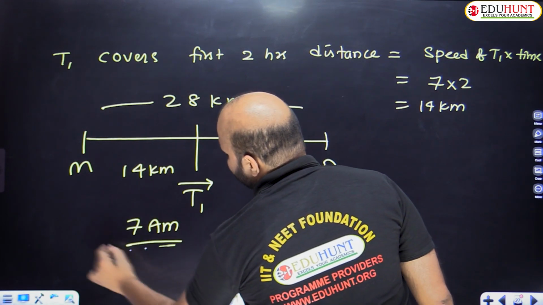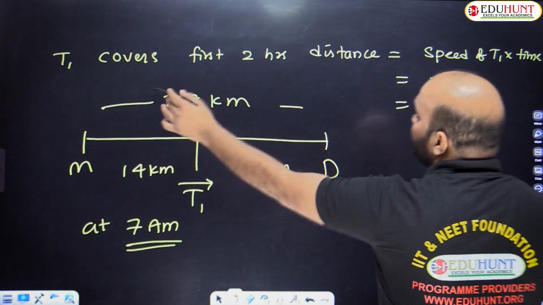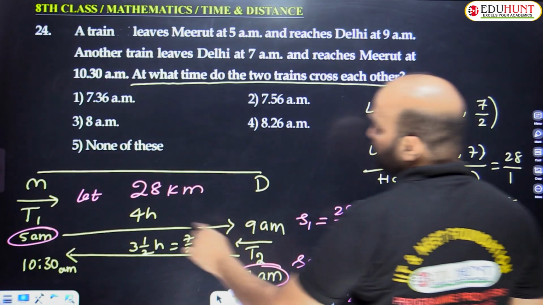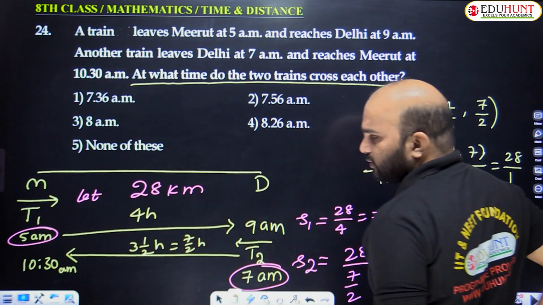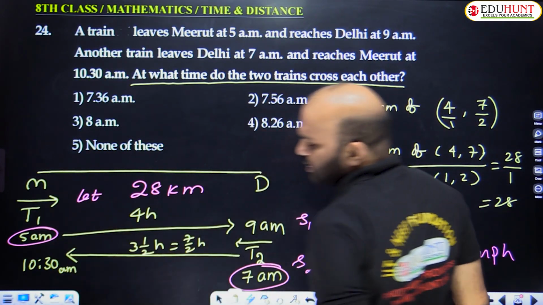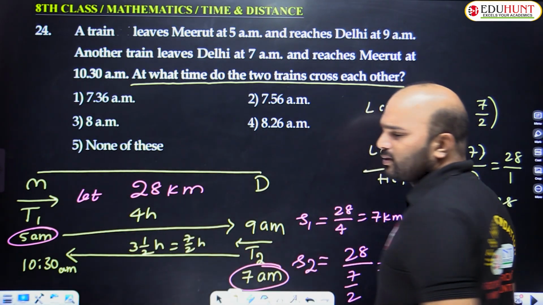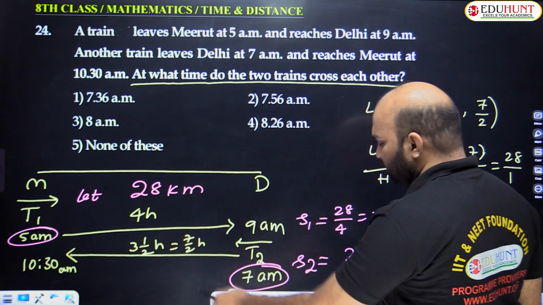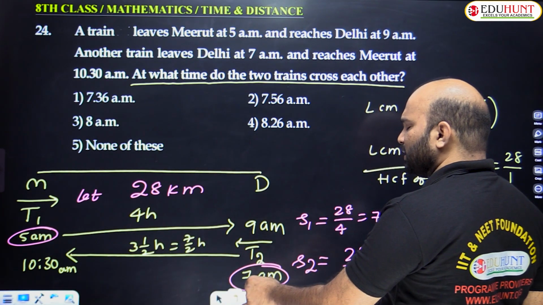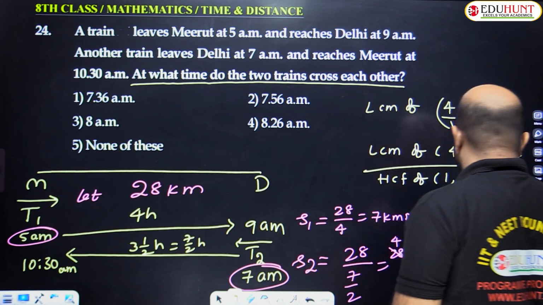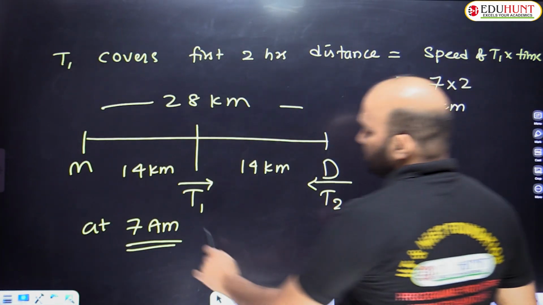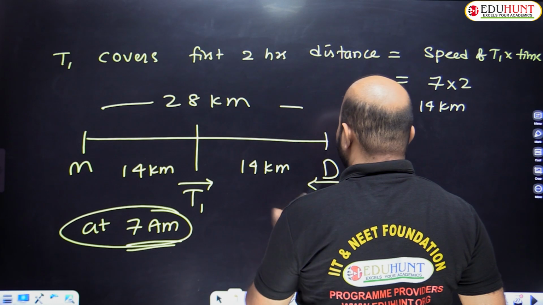So at 7 am, this is very important, because T1 has covered the first 2 hours distance. T1 actually starts at 5 am, and in the first 2 hours 14 kilometers is covered by T1. So how much distance is left at 7 am exactly? The time is already equated. What is the remaining distance between T1 and T2?